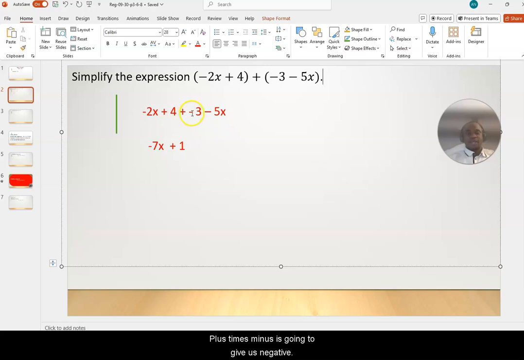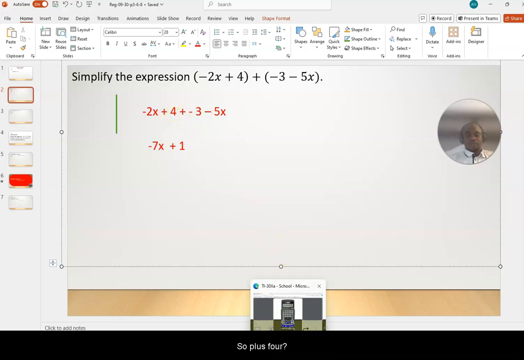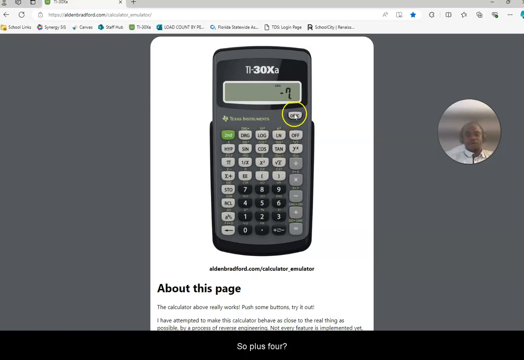Plus times minus is going to give us negative. You can also press it like that on the calculator. How are we going to press plus 4 plus minus 3? So plus 4, we know if I press 4 it is the same as plus 4. Now I'm going to press plus minus 3. How do I press it?